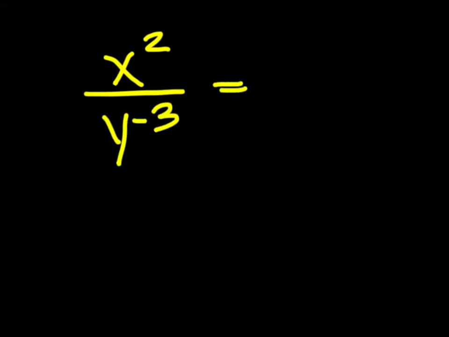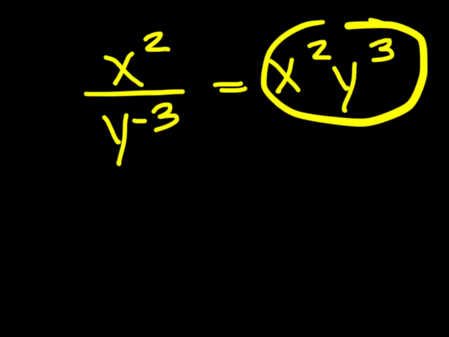So for this problem, if I had x to the second over y to the negative third, I have a negative exponent on the bottom. That means it must go to the top. So you end up with x squared, which is already on the top, and then y to the third.